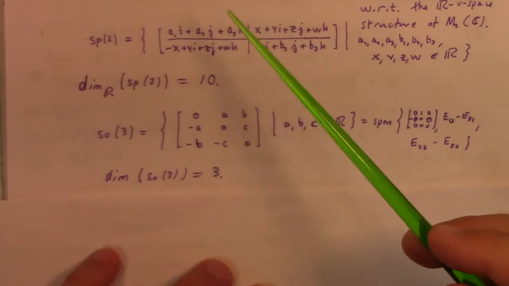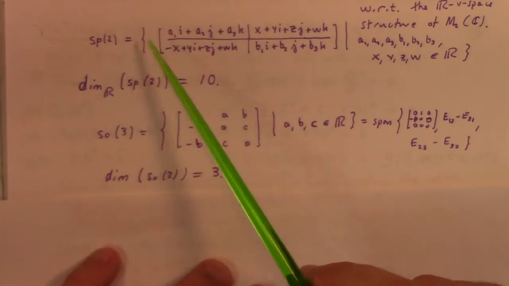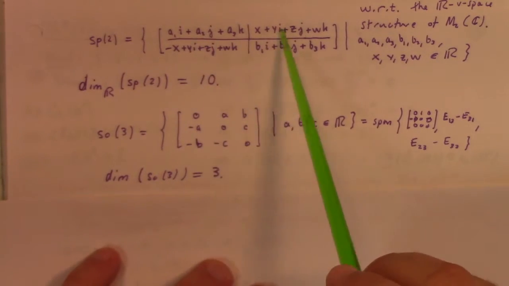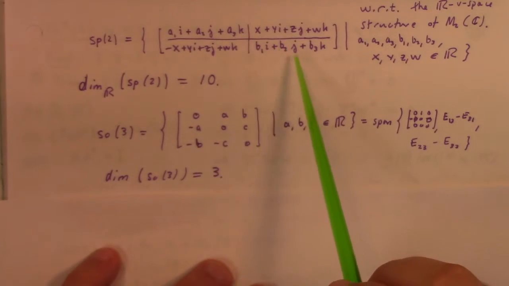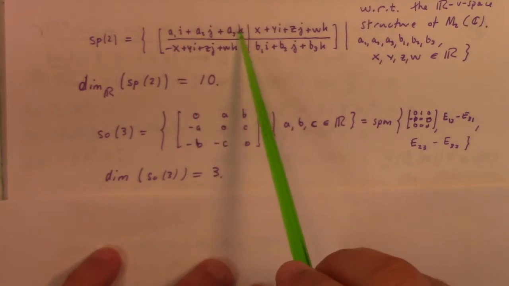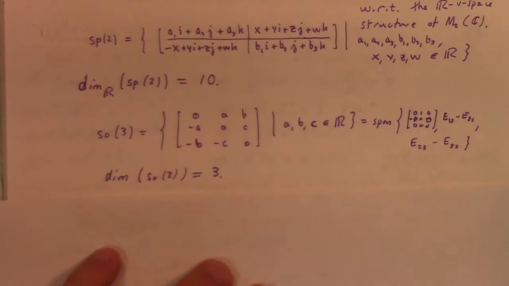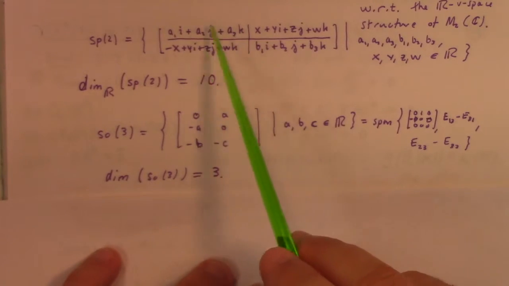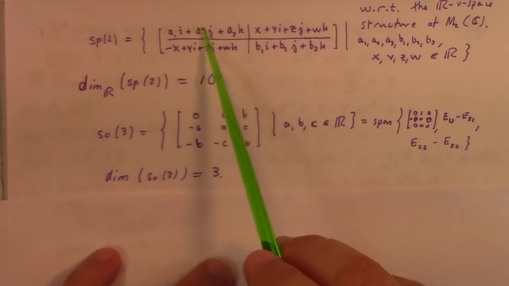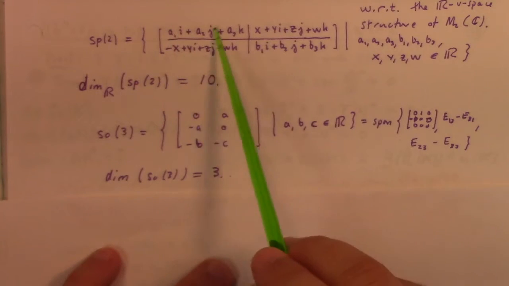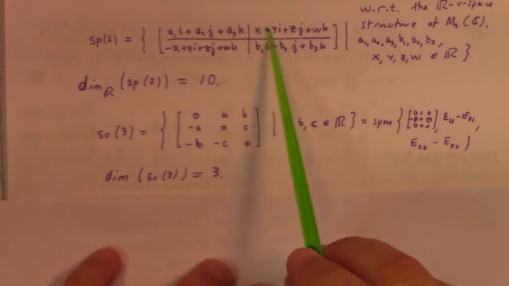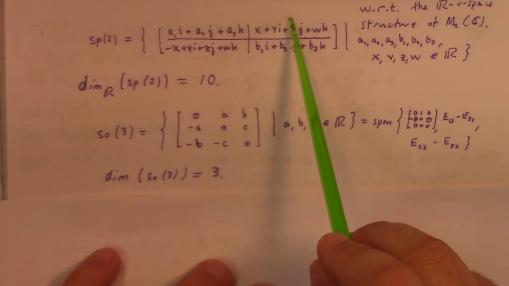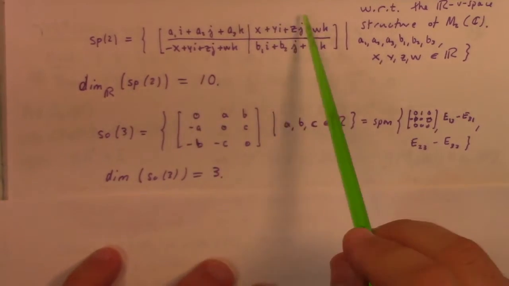Now, the symplectic group of order 2, the algebra is allegedly, that's what we're claiming, these skew symplectic matrices. The diagonal elements are pure imaginary type things, real linear combinations of the versors, and then these entries are balanced in a certain way so that when you switch their places and conjugate them, they add to 0.